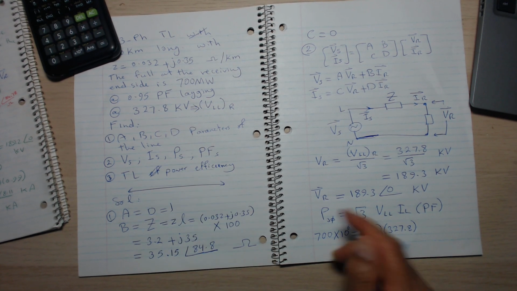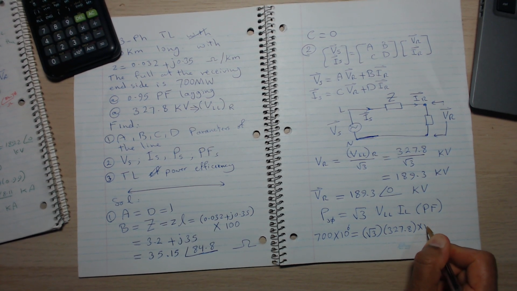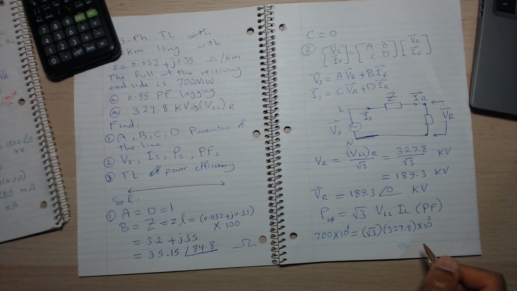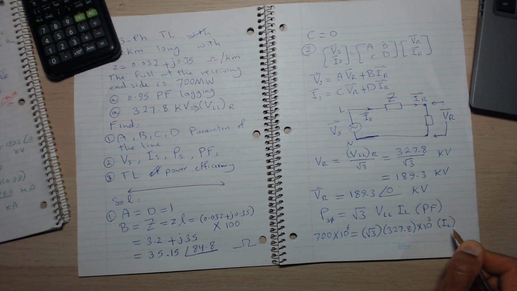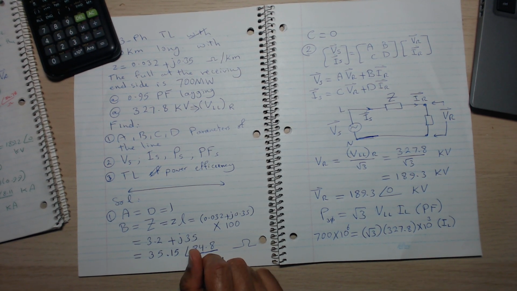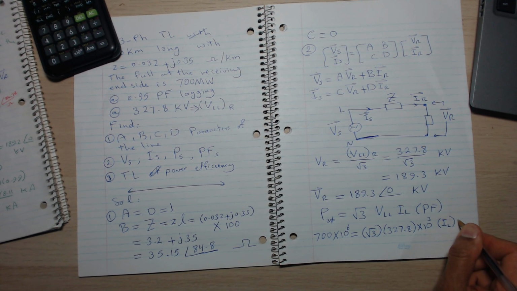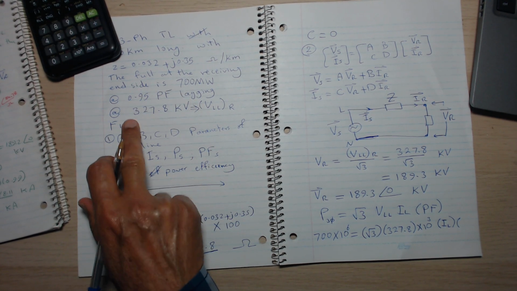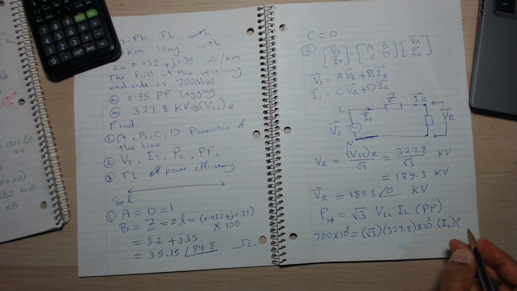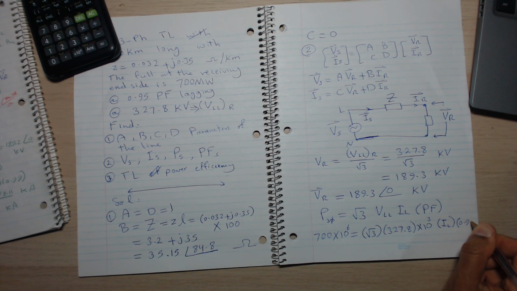It's given in kilovolts, so times 10 to the power of 3. Then I line is the quantity that we want to find. Then times the power factor, which is given at the receiving end side to be 0.95 lagging, so we need just 0.95.